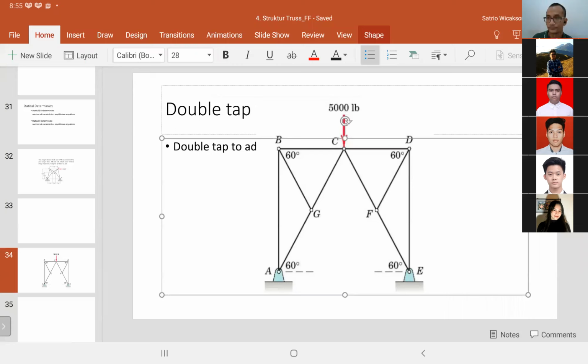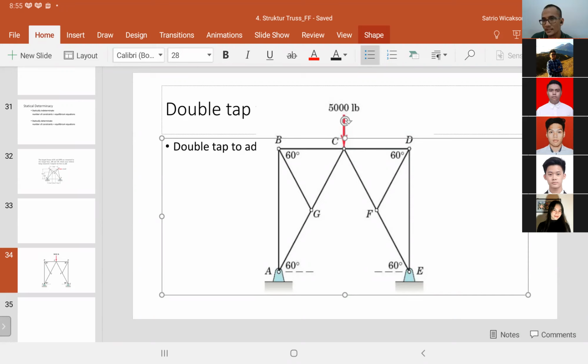Okay. So if the left part is different, the force is still divided in 2? Actually, you can do whatever you like with the external force. You can just put 5,000 lb on the left only and nothing on the right.